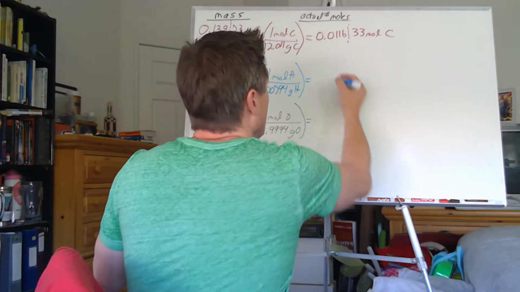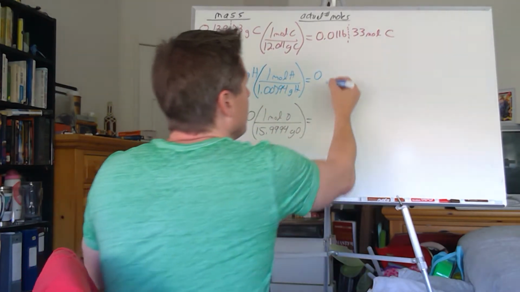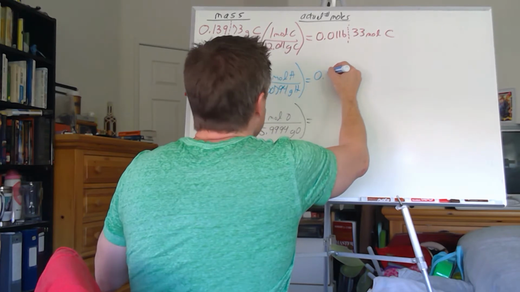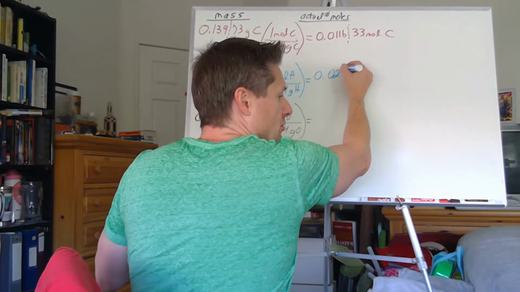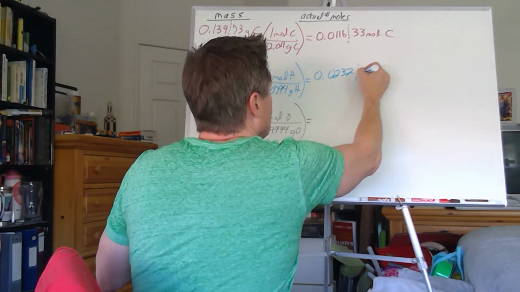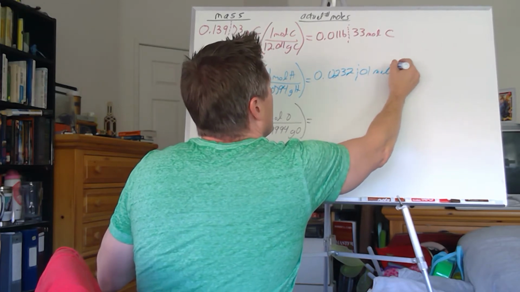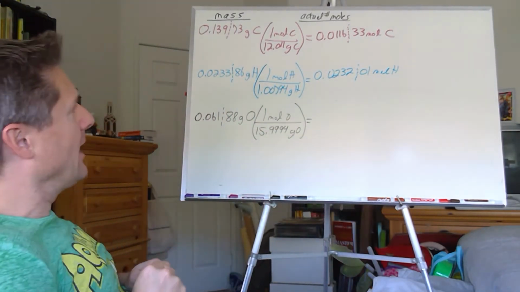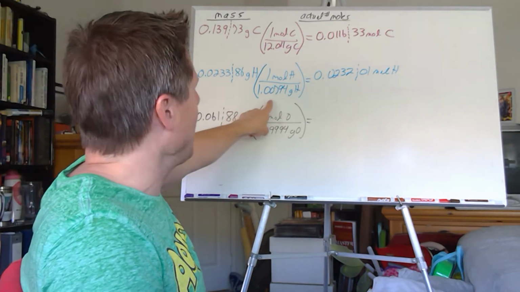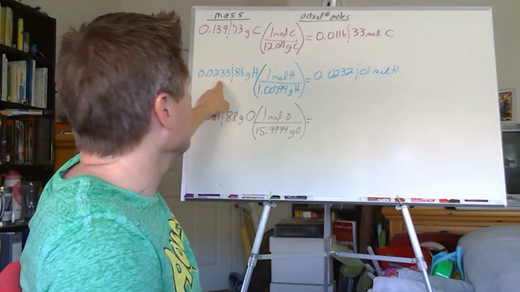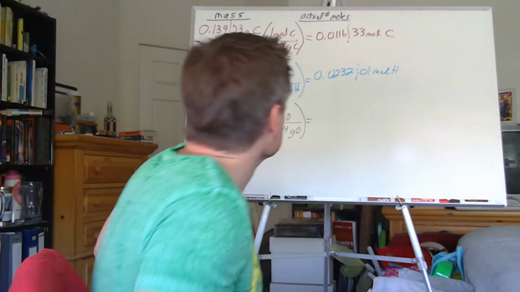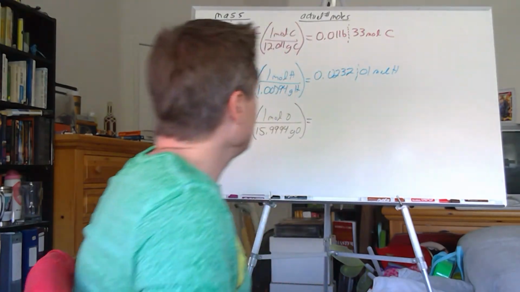What did I get for hydrogen? We're 3 sig figs, right? 0.023201 moles of hydrogen. It's going to be very close. We're dividing essentially by 1, so it's going to be very close to the original mass. It shouldn't be a big deal there.